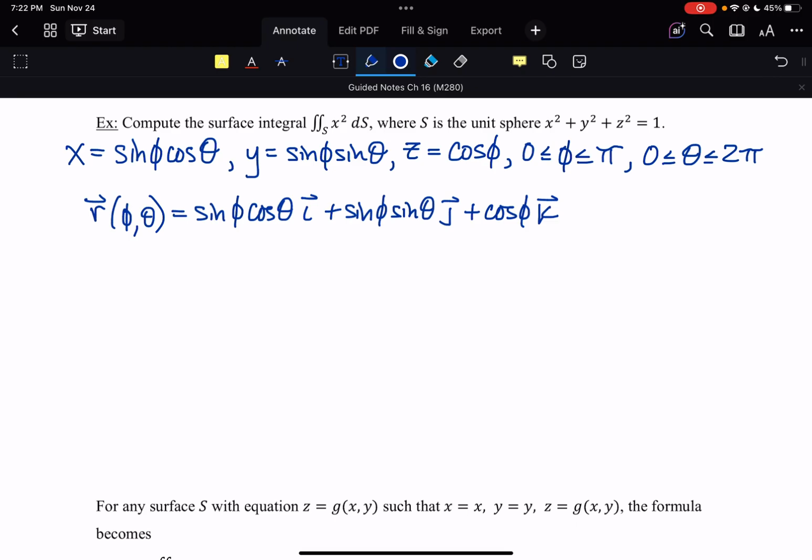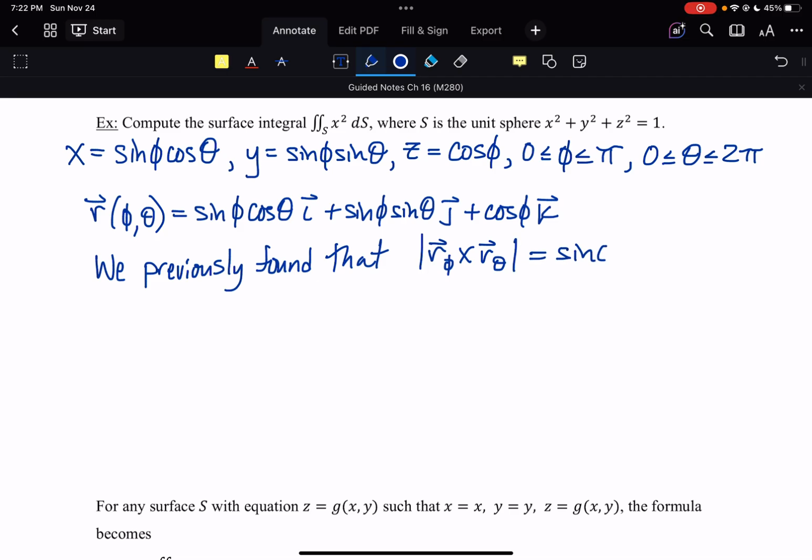Now, in order to set up the surface integral, we would need to find the magnitude of r_phi cross r_theta. Luckily, we have already worked with this unit sphere in a previous section. We previously found that the magnitude of r_phi cross r_theta is just sine of phi. So we're going to be able to use that.